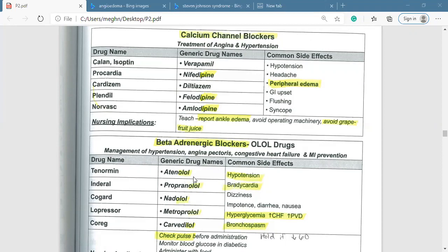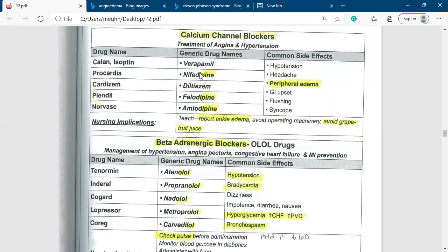Where is the beta blocker? The ending is OLOL, LOL, right? It's very popular to you. When you use social media, we use LOL. Okay, anyway. So beta blockers end in OLOL: atenolol, propranolol, nadolol, metoprolol, and carvedilol. Most students answer correctly if they get atenolol, propranolol, metoprolol, but they get confused when given carvedilol.